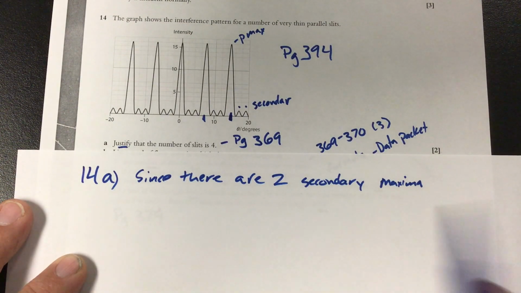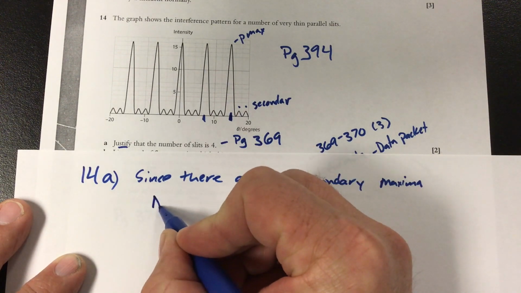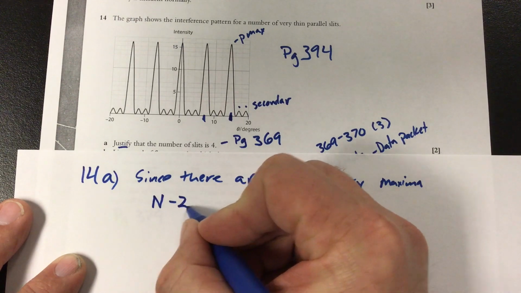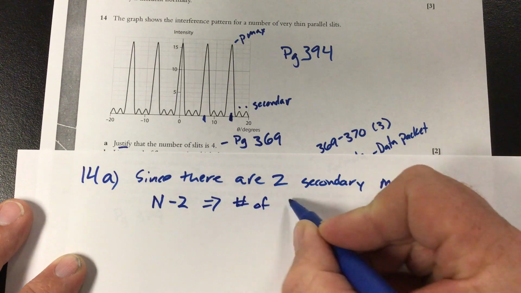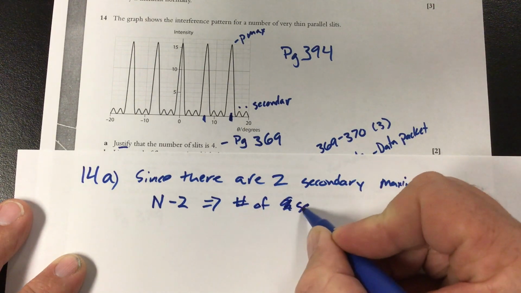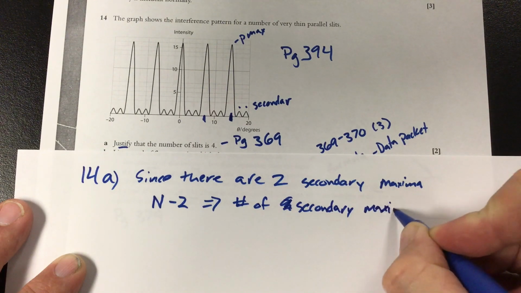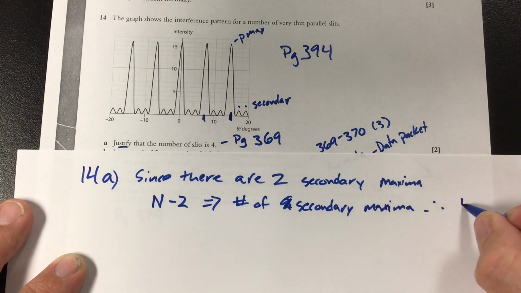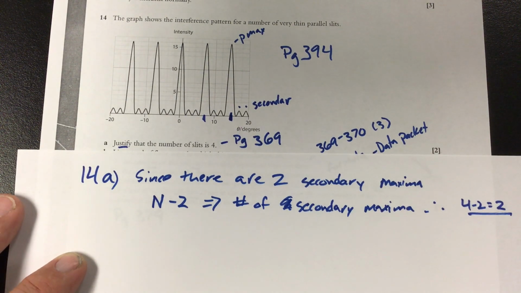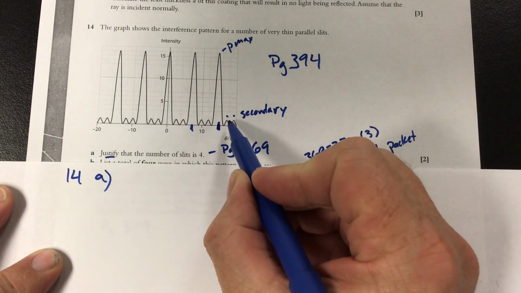Since there are 2 secondary maxima, and we have this relationship where the number of slits minus 2 gives us the number of secondary maxima, so therefore, 4 minus 2 equals 2. Here's how I would answer question A. Count the secondary maxima.